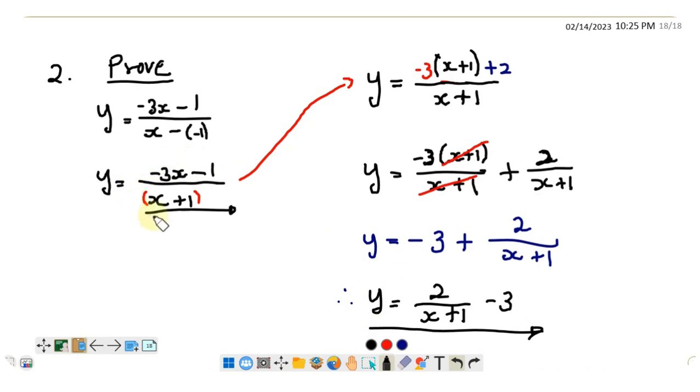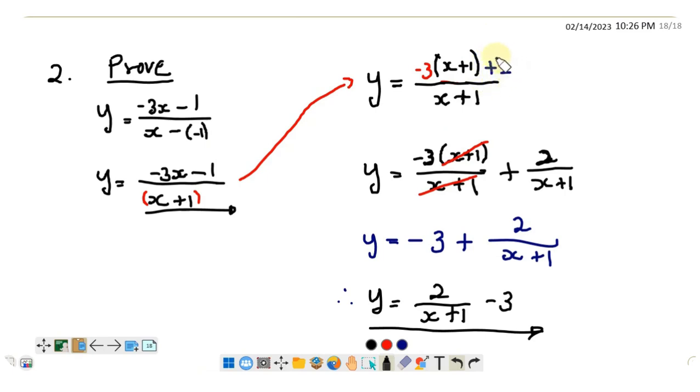Remember guys, from here you want to force this term onto the numerator. Instead of x, you write x plus 1, or whatever is in the denominator. Then you expand and see which term is missing to balance it. -3 times 1 was -3, and we want to go to -1, so we add +2.